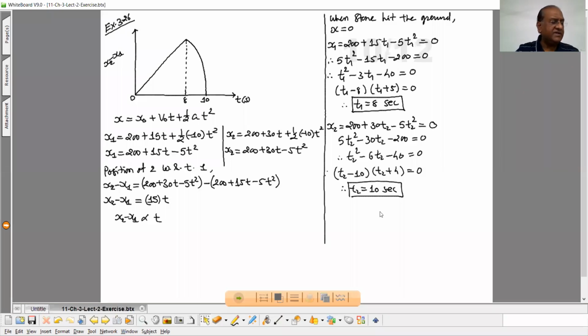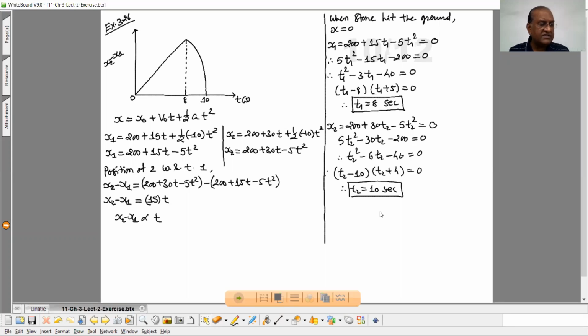Now example 3.26. Two stones are thrown up simultaneously from the edge of a cliff 200 meter high with initial speeds of 15 meter per second and 30 meter per second. Verify that the graph shown in figure 3.27 correctly represents the time variation of the relative position of the second stone with respect to the first.